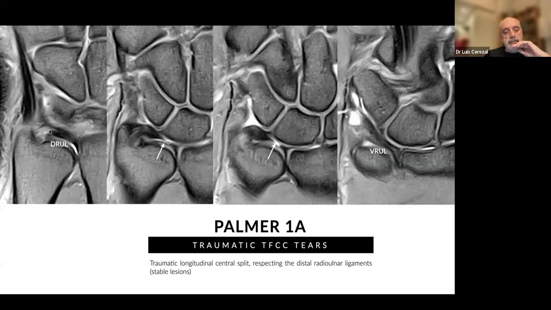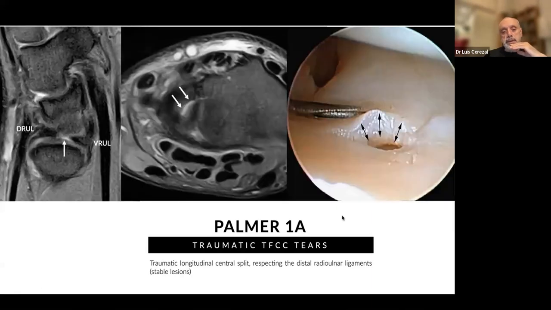We can see in the first image the normal dorsal radioulnar ligament. In the second and the third, we see a central tear of the TFC, and in the last image, we see the normal volar radioulnar ligament. This is a typical Palmer class 1A, but we can also evaluate this injury in other planes, like in the sagittal.